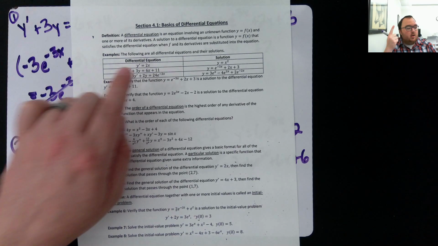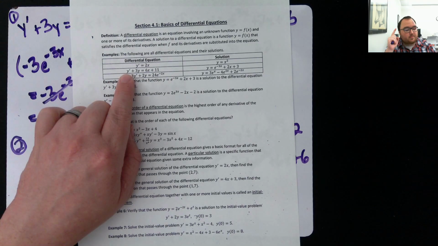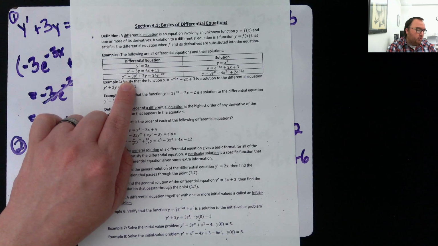This one goes y prime plus 3y. The highest derivative there is y prime, so it's 1. This next one, y double prime minus 3y prime plus 2y: the highest derivative there is y double prime, so it's 2.